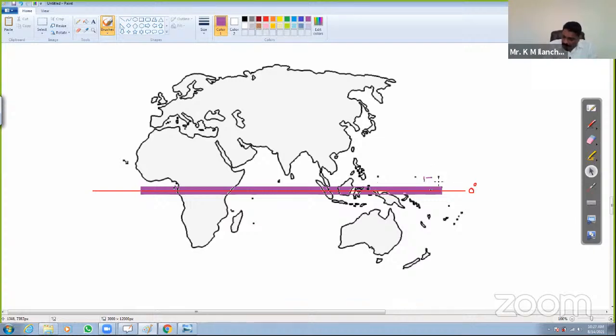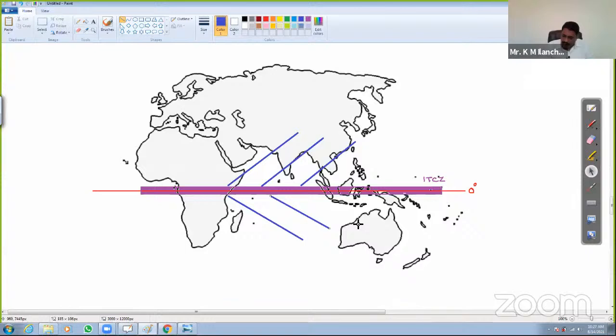Now, what happens with the apparent shift of the ITCZ towards the south of India? You know what winds converge at the ITCZ. Number one is the northeastern trade, and number two is the southeastern trade. This is my northeastern trade. Another wind converging here is your southeastern trade.